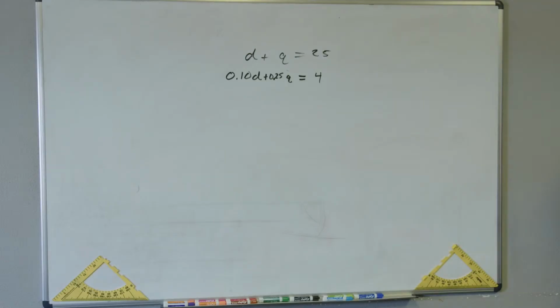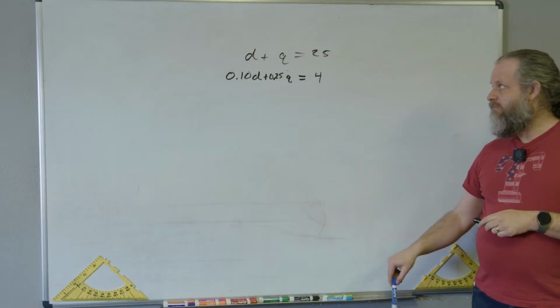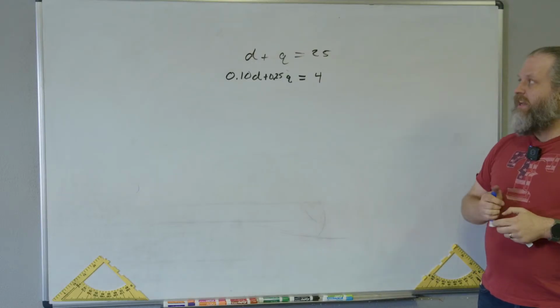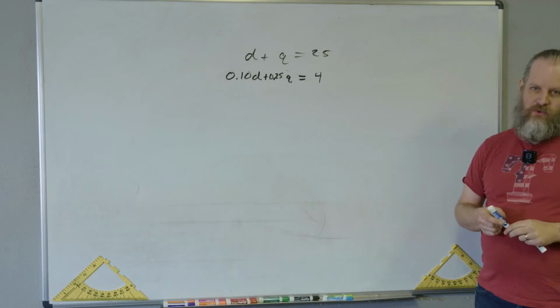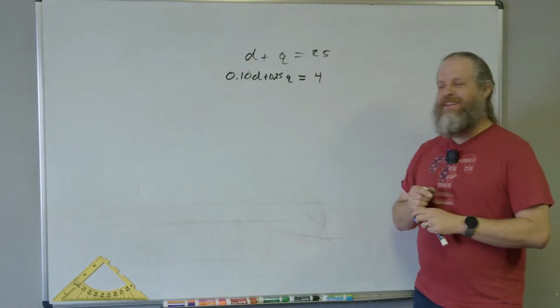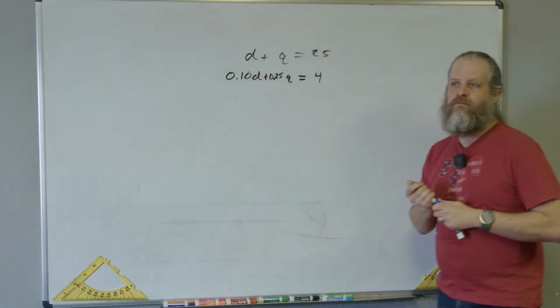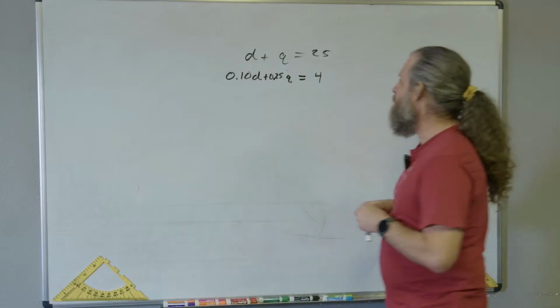That's fine. Okay. If we're going to do substitution, what should we do? We isolate either D or Q. That's true. Which one? Yeah, the top one, and D is fine. Sure. If I want to get D by itself up here, what do I do? Subtract the Q.